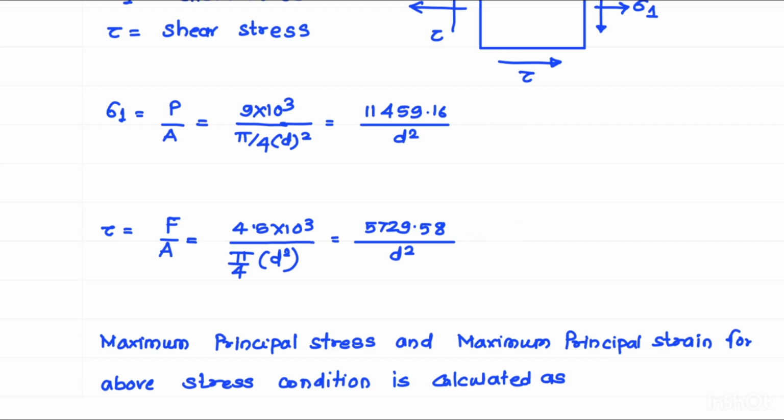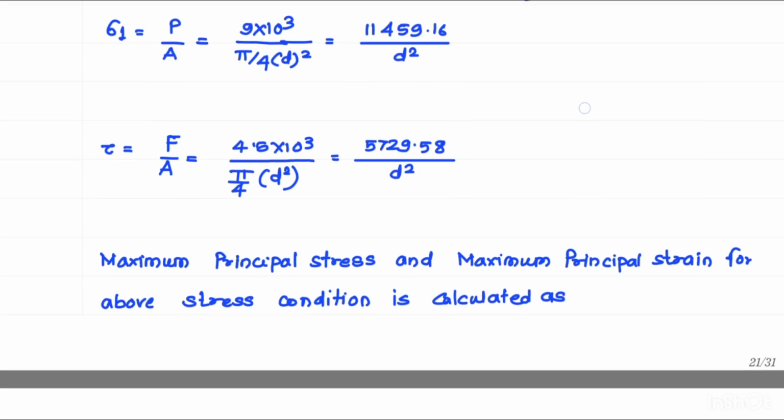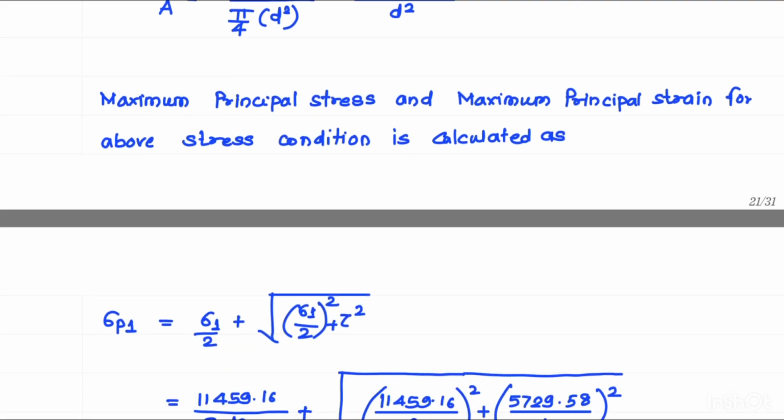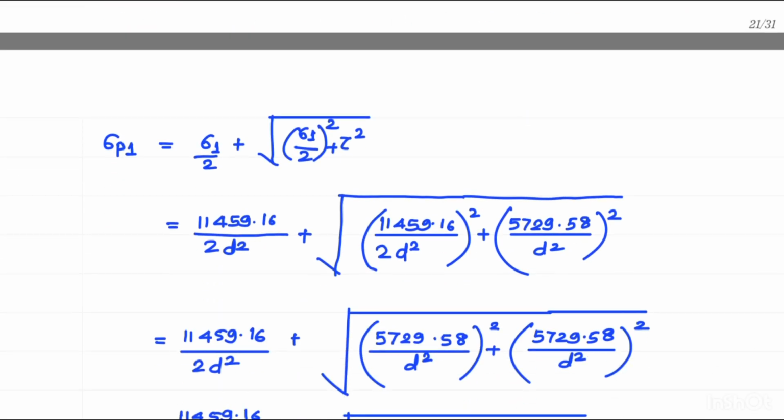Now we have to calculate the major principal stress and minor principal stress for these two stresses acting on a particular element. So the maximum principal stress and maximum principal strain for the above stress condition will be calculated as sigma p1 is equal to sigma 1 by 2 plus under root of sigma 1 divided by 2 whole square plus tau square.